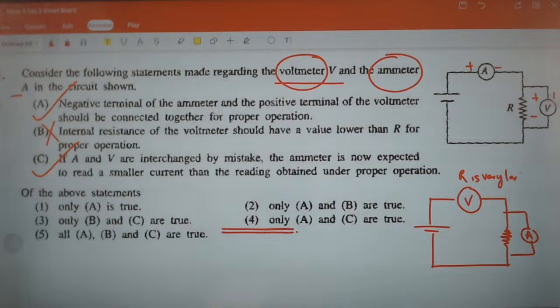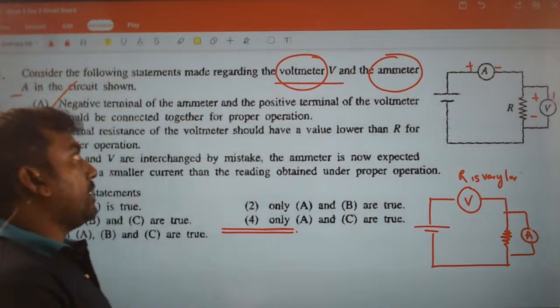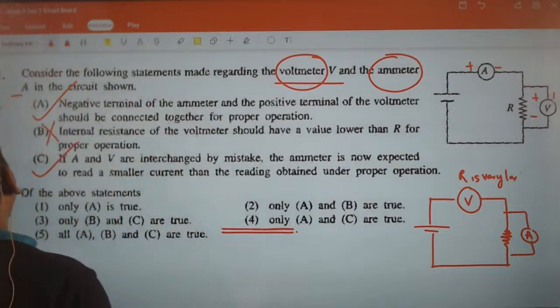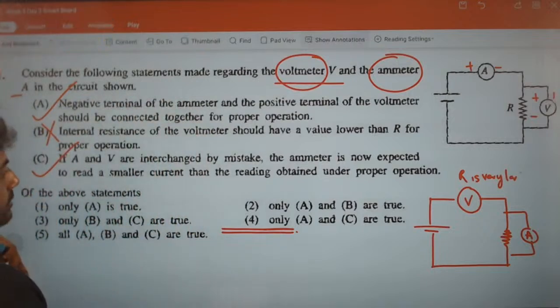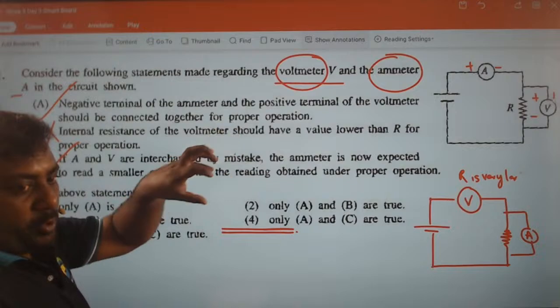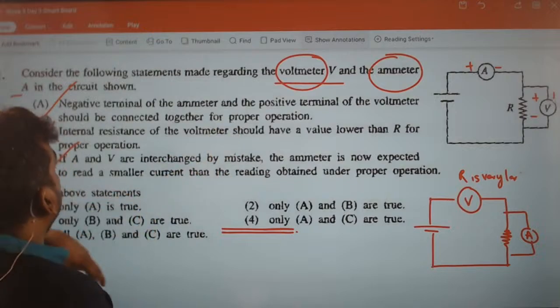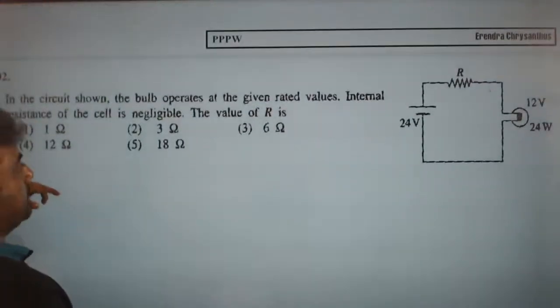Therefore, the current through the circuit will be small and ammeter reading will be small. Right, no? So clearly I have told you those points you must remember. Okay? Those points you must remember. Right.